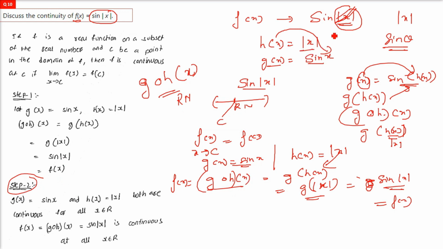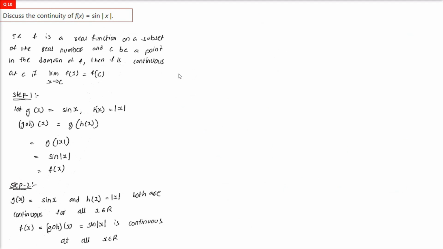Mod x and sin x are individually continuous. So the operation g∘h, we proved it to be g of h(x). So when we proved that this is actually an operation of two different functions, this whole is continuous.